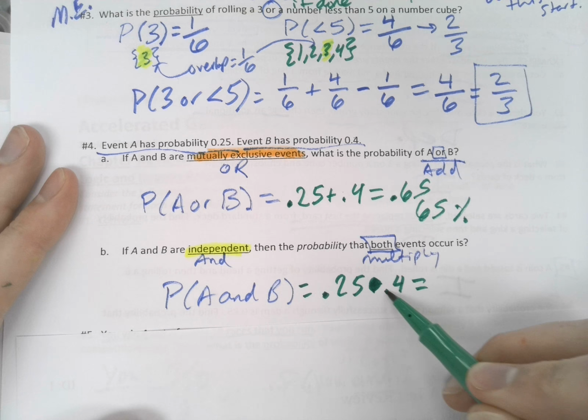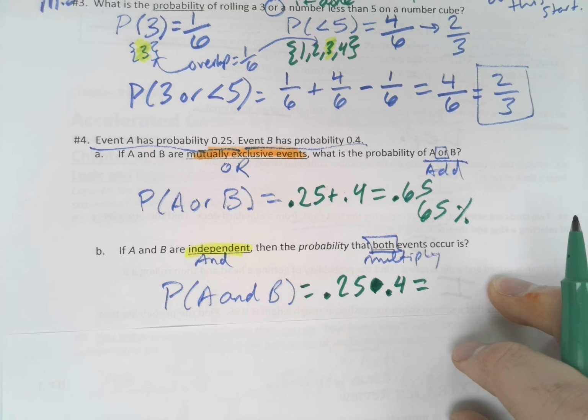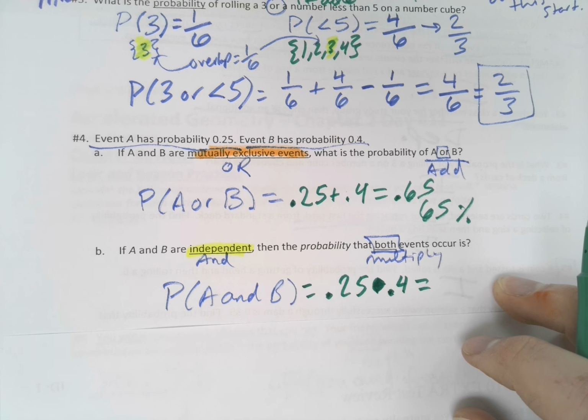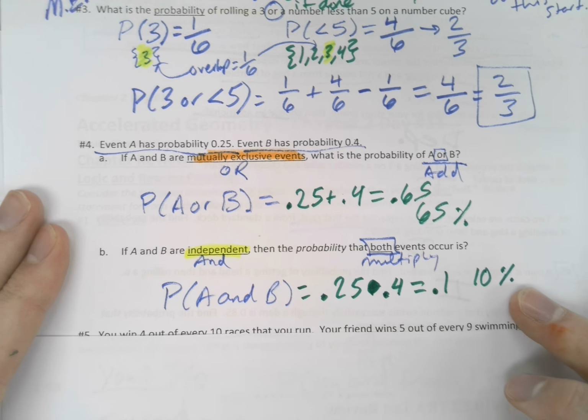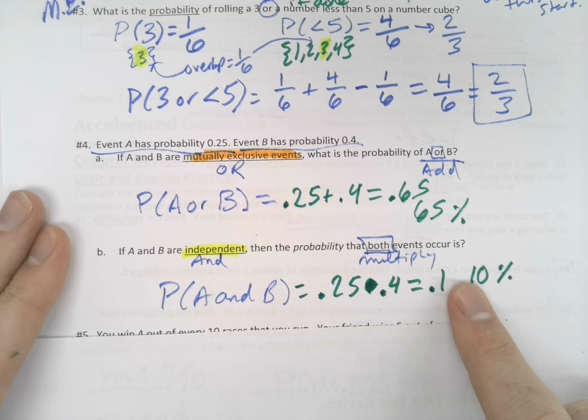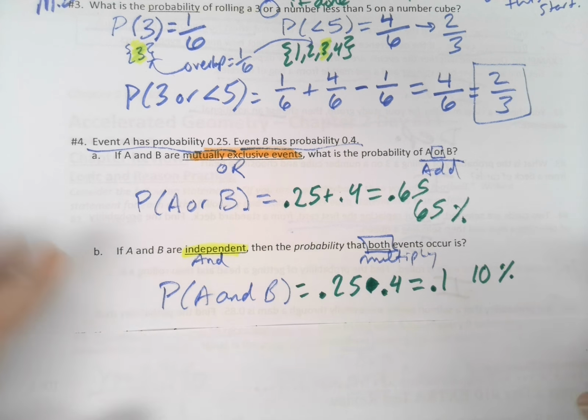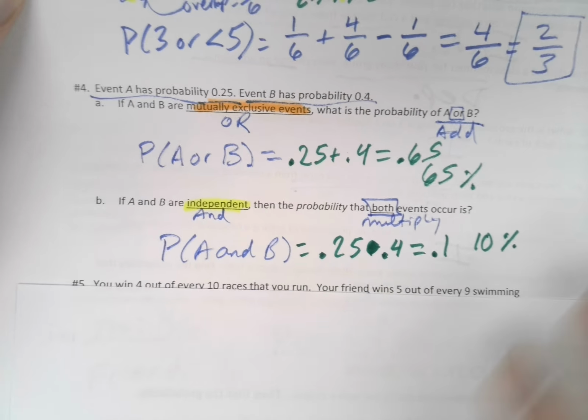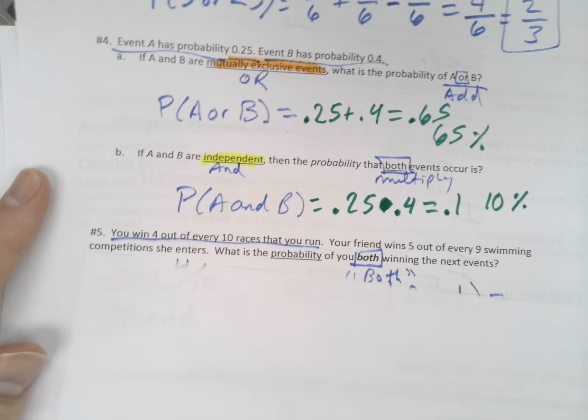So we multiply, and if you do 0.25 times 0.4, you end up with 0.1 or 10%. So there's only a 10% chance that both event A and event B could both happen compared to A or B where we had a 65% chance. Stick with me, guys. Only 3 left.